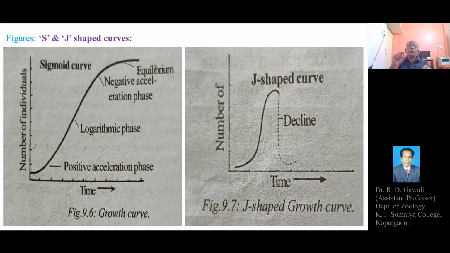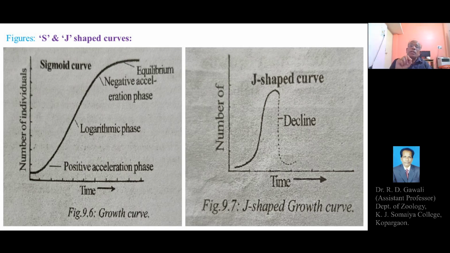So, the S-shaped growth curve, we can observe the growth. In the initial phase, there is a slow growth, or a slow increase in the number of individuals in a population, called the positive acceleration phase.